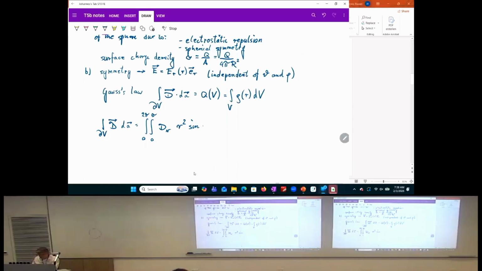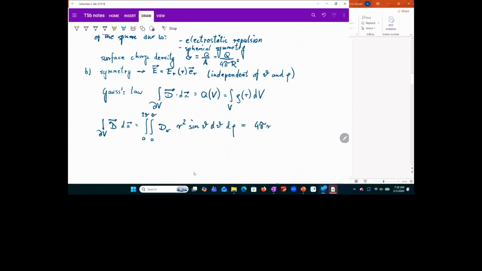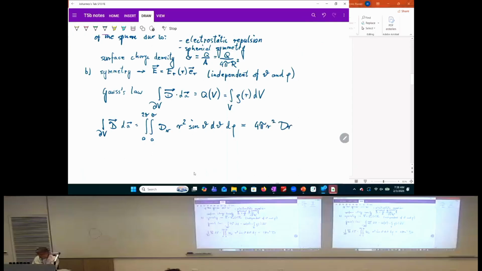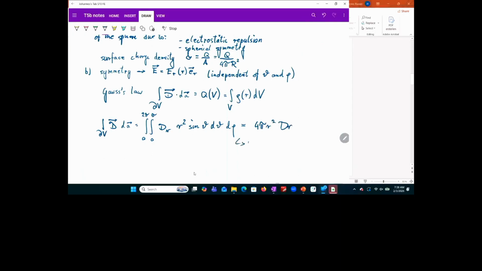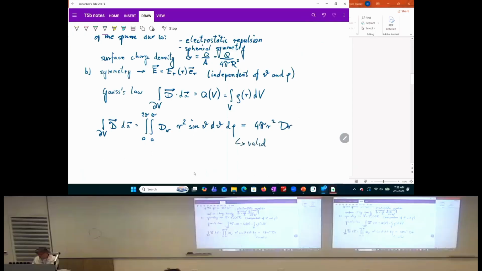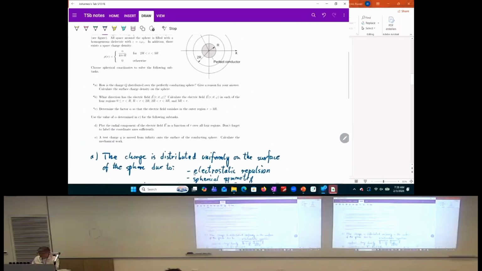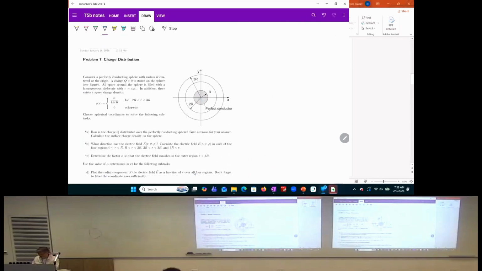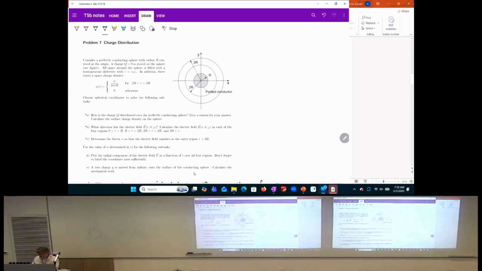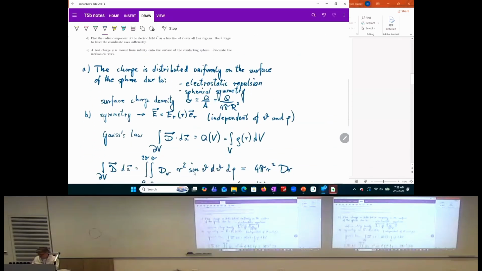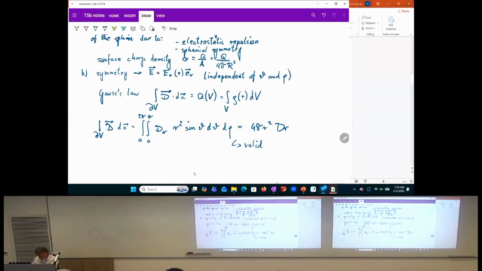This is r squared sine theta d theta d phi, and this is just 4 pi r squared dr. This is, by the way, valid for all regions, and by regions I mean those where r is smaller than the big R, smaller than 2R, or smaller than 3R, or also larger than 3R. This is valid for all regions.